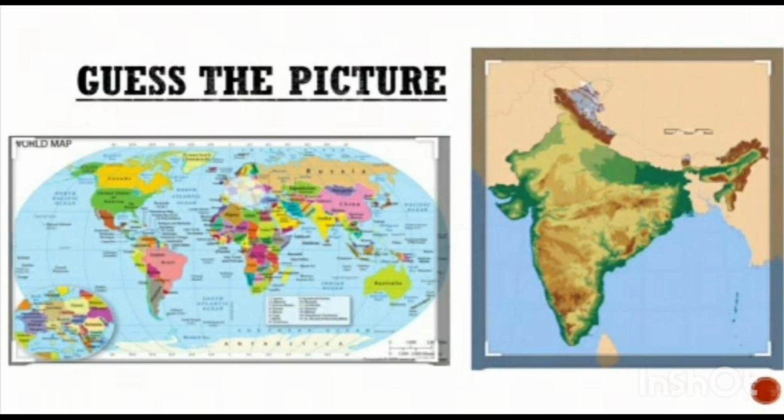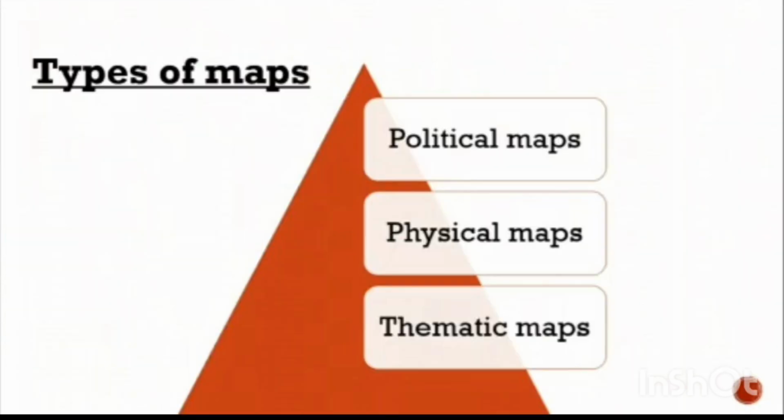So hope you all have enjoyed watching the video, and let us revise the types of maps that we have studied, that is political maps, physical maps and thematic maps. And I hope that after looking at the video, you are now able to recognize different kinds of maps by the picture itself when it is presented to you.